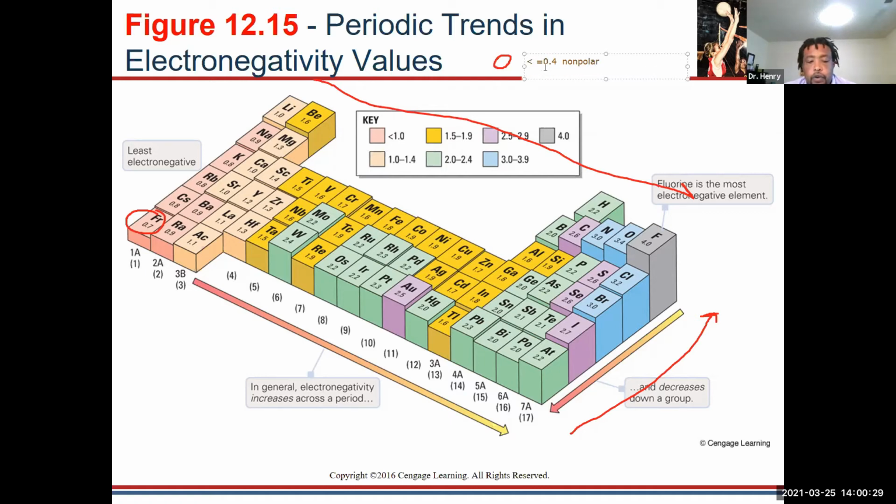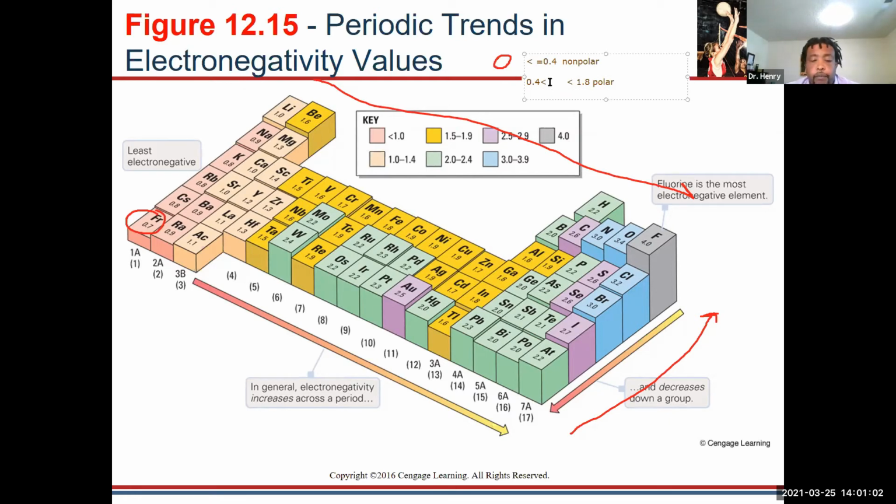If it's greater than 0.4 but less than 1.8, then it's going to be polar.